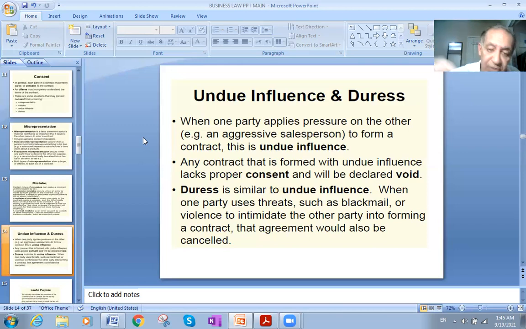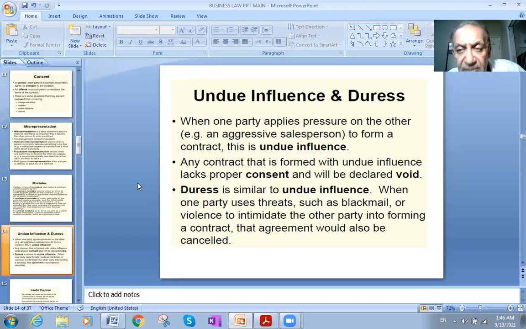I'm blackmailing you to sign. When one uses blackmail or violence, or force, I forced you to sign. I put a gun or a pistol in front of your head and told you sign on this paper now. Sign on this contract. So all this will make the contract void.